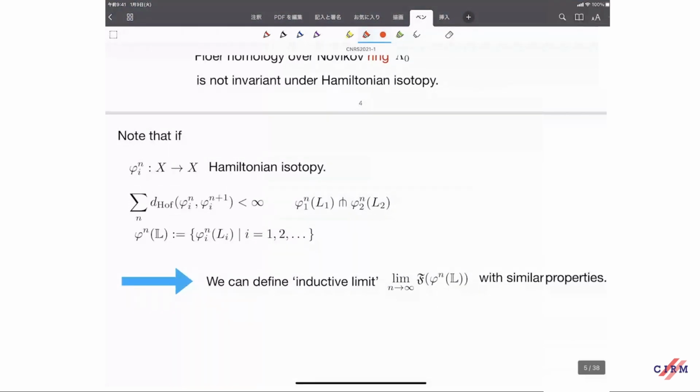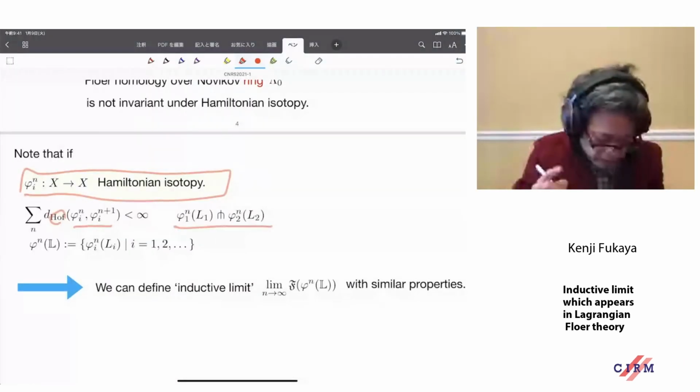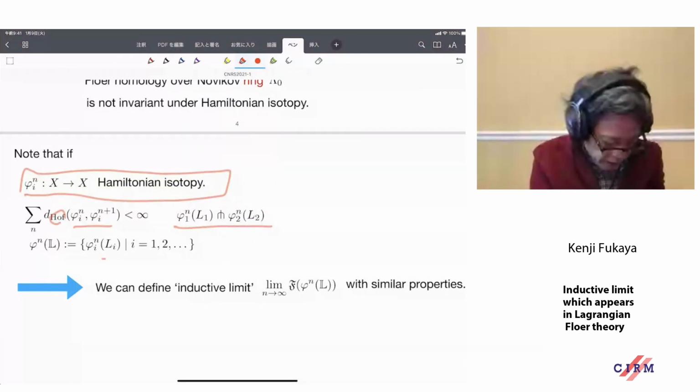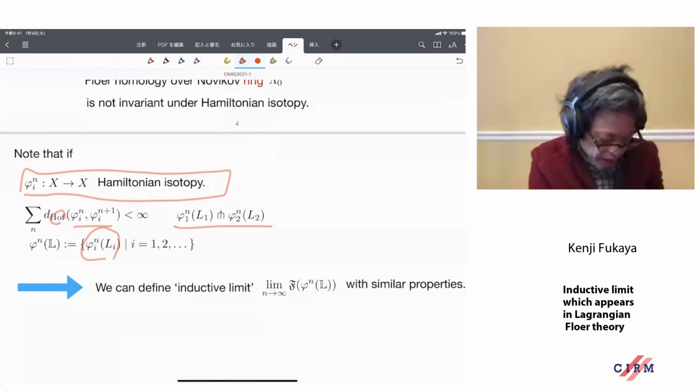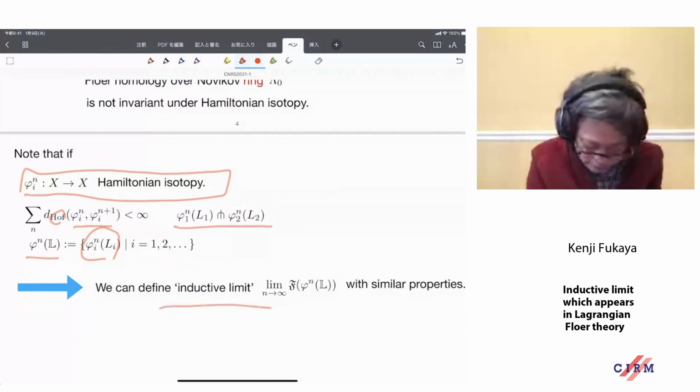Now, I also remark that we can generalize the following. Suppose we have a sequence of Hamiltonian isotopies such that the sum of the differences in Hofer norm is finite. It means that it goes quickly to 0, and then we can make these Lagrangian submanifolds transversal, and we just perturb this, and we can still take the limit.